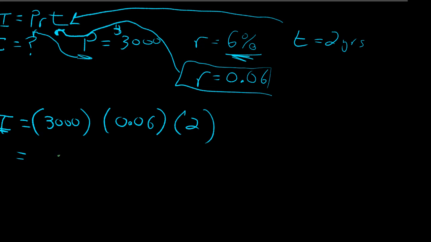And if I do my multiplication correctly, I get, even though I have the answer in the book, I'm still going to use my calculator to double check, because double checking saves lots of headaches. So I get 360, and that's in dollars. So the interest would be $360 on $3,000 at a 6% rate for 2 years.